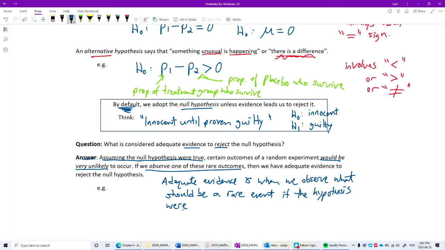It sounds weird to say "were," right? But I think that's correct English. It's called the subjunctive tense: if the thing were true. I forgot the word null. That's the most important word. If the null hypothesis were true. Adequate evidence is when we observe what should be a rare event if the null hypothesis were true, and so we reject the null hypothesis.